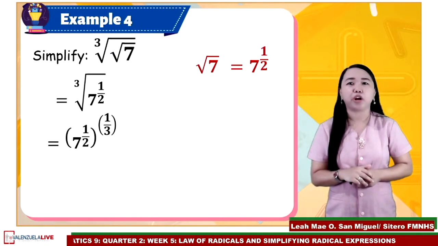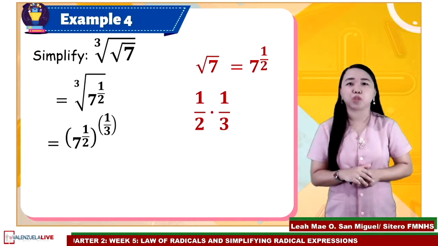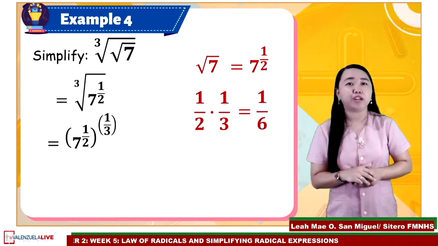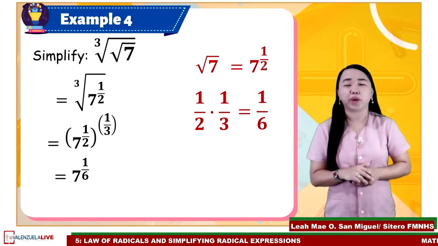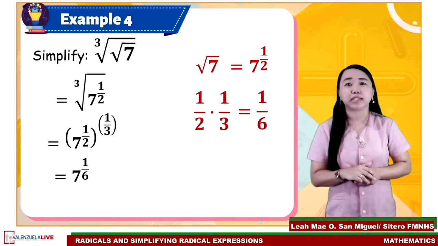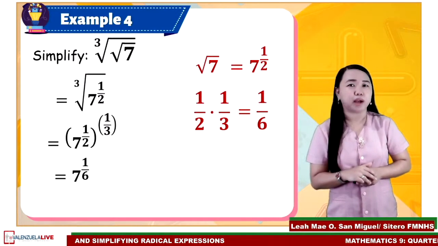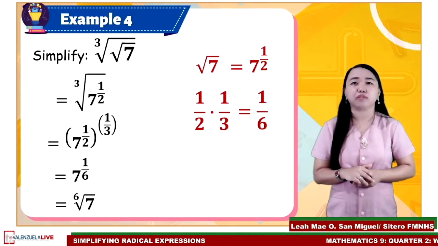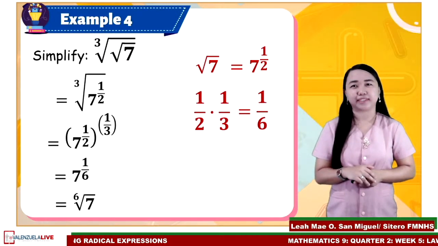Applying the power of a power law of exponent, 1/2 times 1/3 is 1/6. Then we have 7 raised to 1/6. The exponent is in simplest form. Rewriting it back to radical, it becomes 6th root of 7. And that is the simplified form.